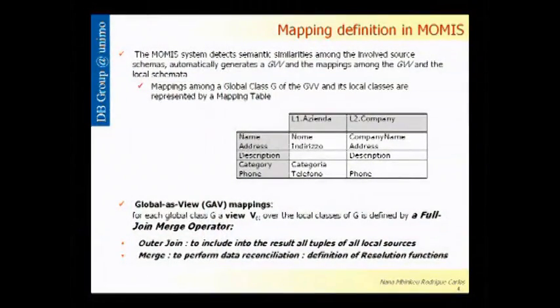To rewrite a global query, we need a mapping table, which gives a set of correspondences between the global schema and the local sources. During this process, we use a join to fuse the partial results coming from different local sources, unify them and present them to the user.